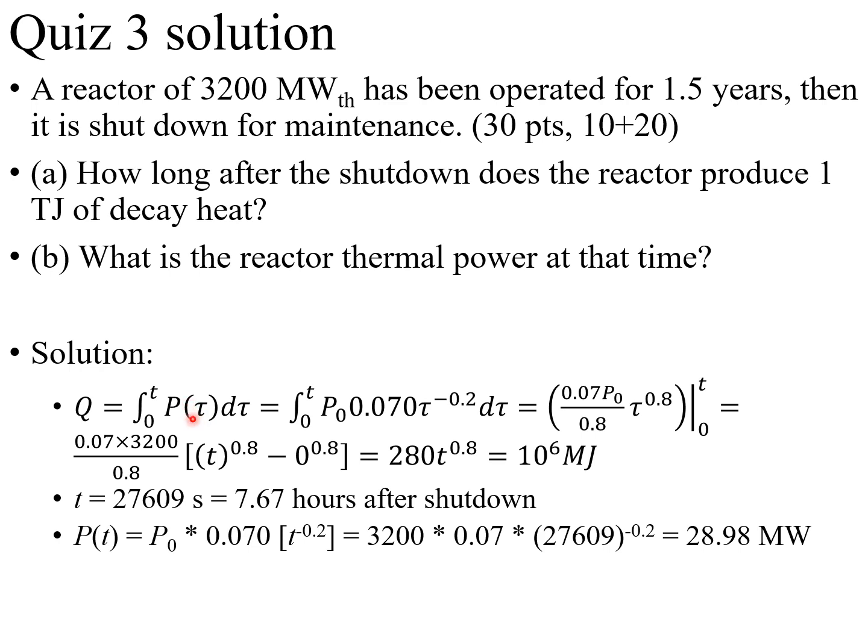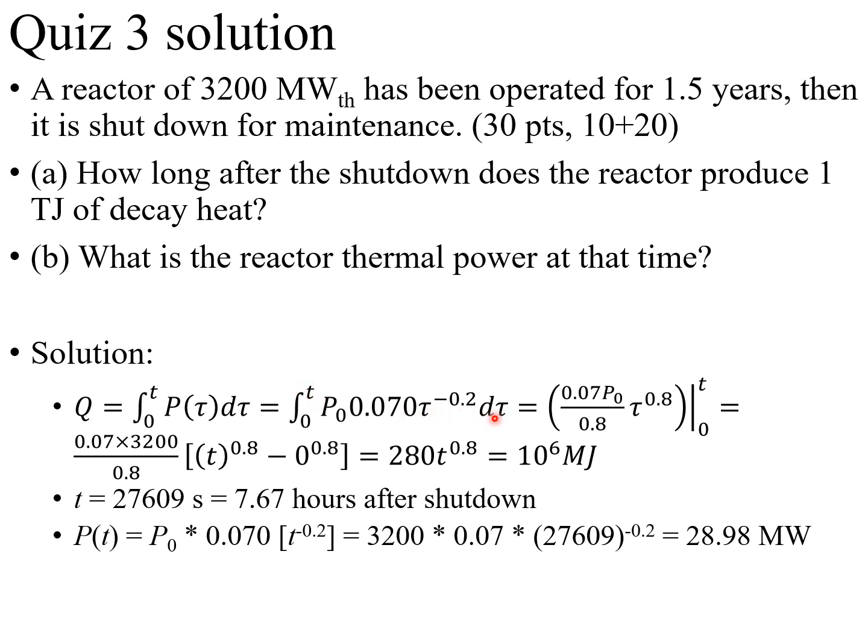We replace this P(tau) function with P0 times 0.07 times tau to the power of negative 0.2. We integrate with respect to tau, from 0 to some unknown time t.